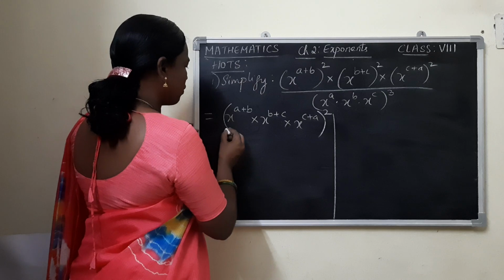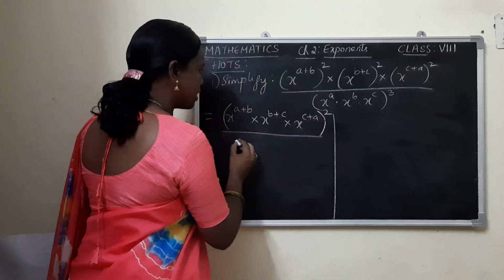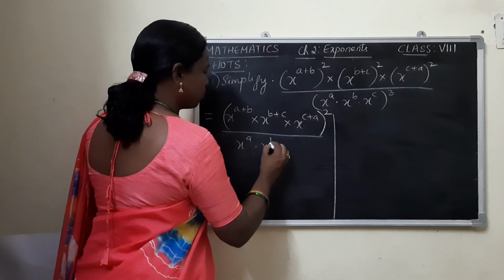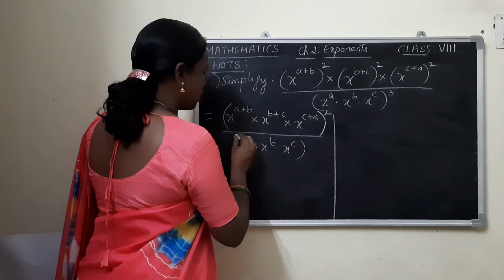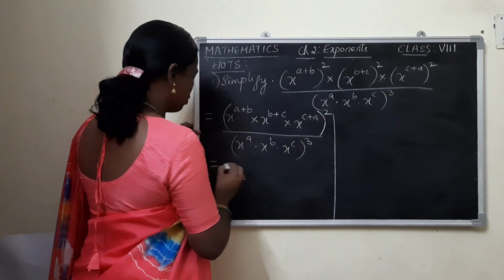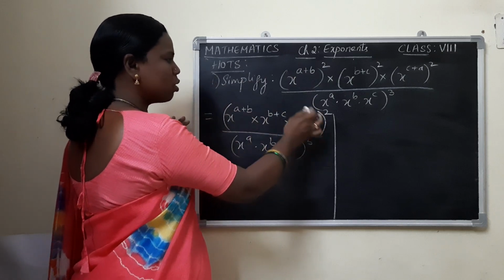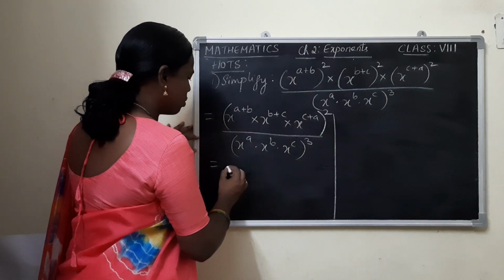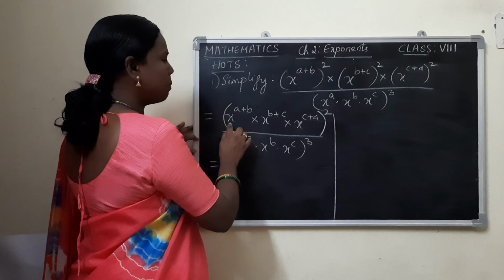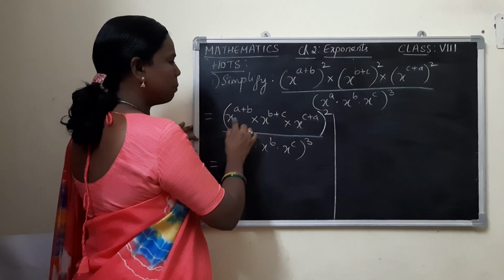Now let me see what will happen. The denominator remains as it is. I am not doing anything with the denominator as of now. Let me see what I get. Here I am trying to solve within the bracket first. So x to the power of a power m into a power n will be a power m plus n.